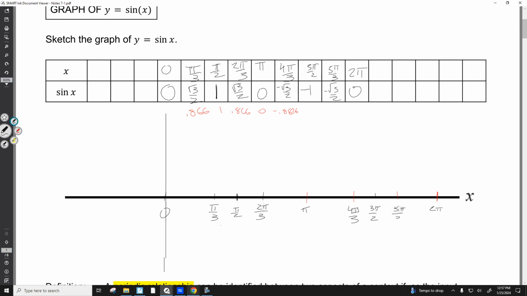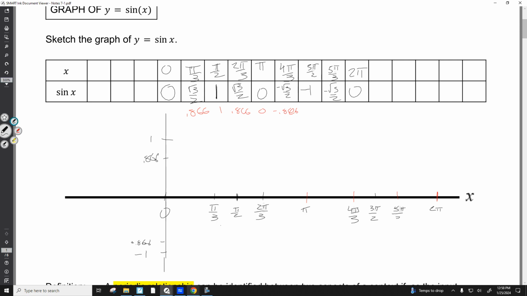I only go to 1. I don't go very low with my y values. I only go to negative 1. Let me just put 1 right here. I'm going to leave some space in case we're going to go above it. I got 0.866, which is all the way up here. Again, this is the same as root 3 over 2. And then I got negative 1. I'm going to leave some space in case we're going to go below that. And I got negative 0.866.